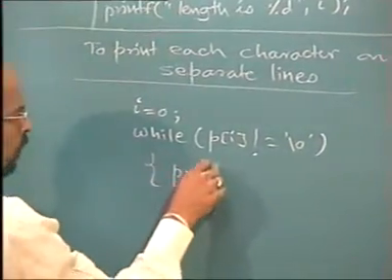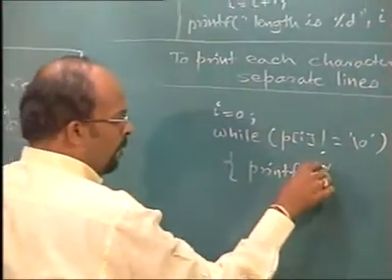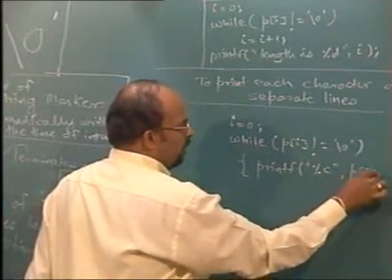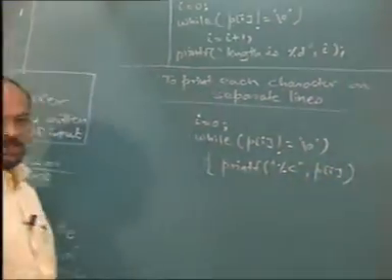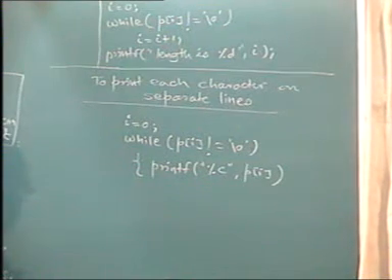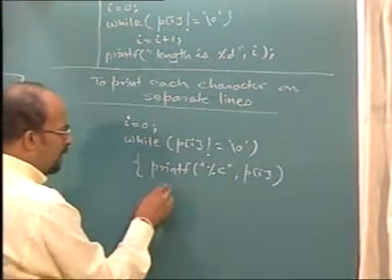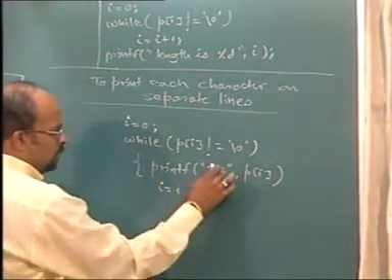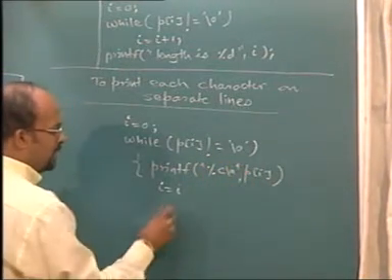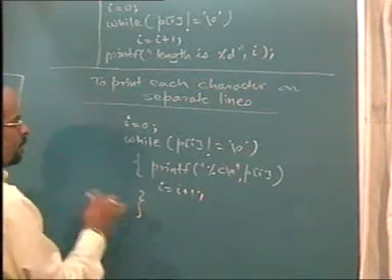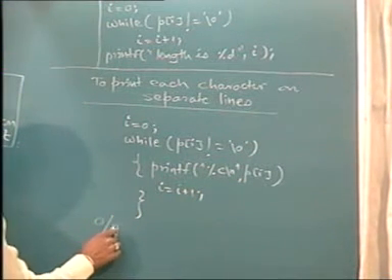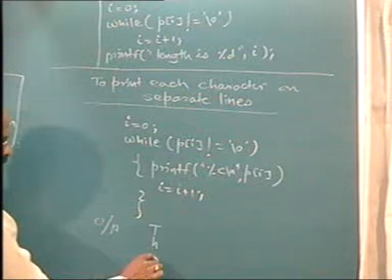How will you print a single character? By %c, p of i. In case of an integer array, it was %d, whatever is the array position, a of i. Here it is the character at position i, and then go to the next one. The only thing is to print it on a new line. Every time after printing the character, give backslash n. So in this case, the output will be t, h, i, s, like that.